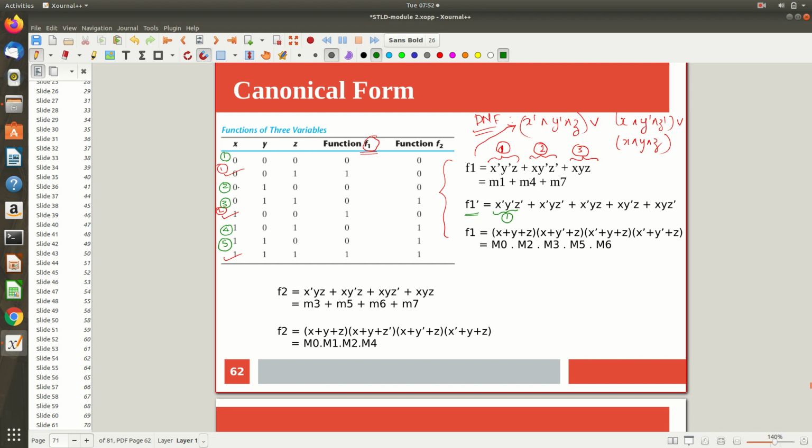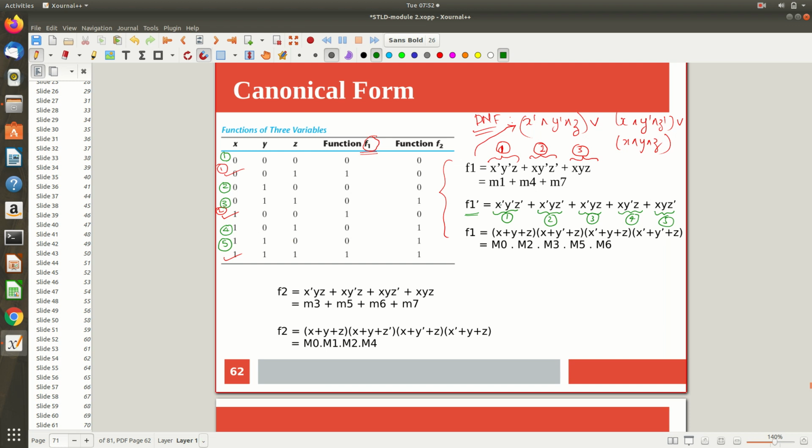That is x dash y z dash, see, the second entry. Similarly, the function is giving me a 0 corresponding to the third entry, that is x dash y z. So this corresponds to the third case where the function is evaluating 0, and this corresponds to the fourth case, and this corresponds to the fifth case. Let's verify the fifth case, x y z dash.